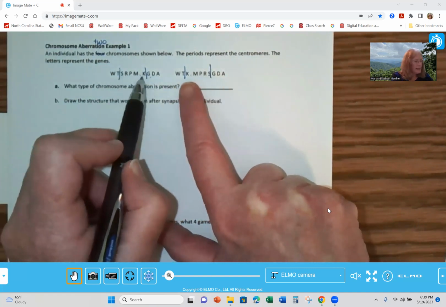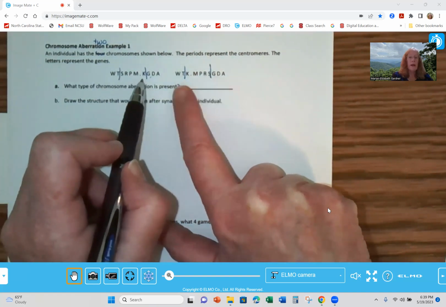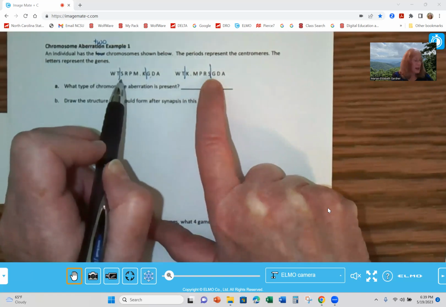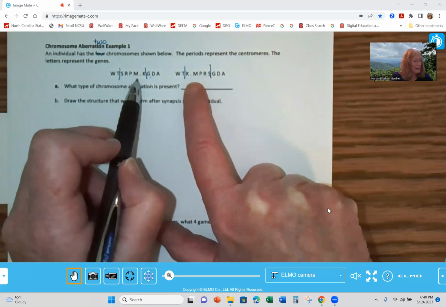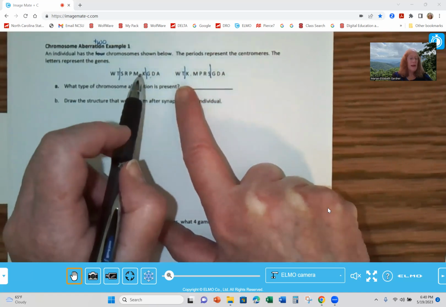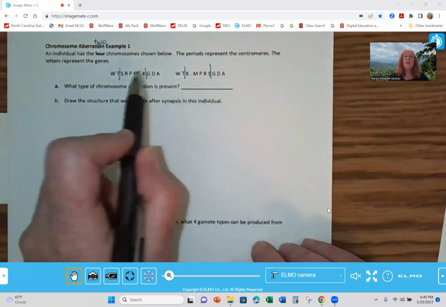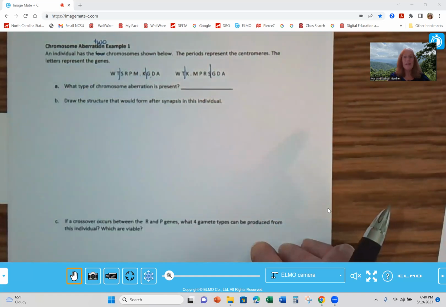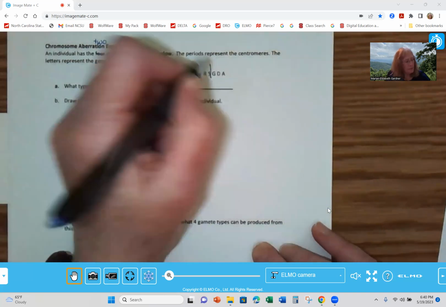Look closely at this. If I read the left one from left to right and the right one from right to left, they read the same. S, R, P, M, centromere, K. That means that we've inverted that segment. We don't know which is the original, and we don't know which is the inverted, but we see that there is an inversion.